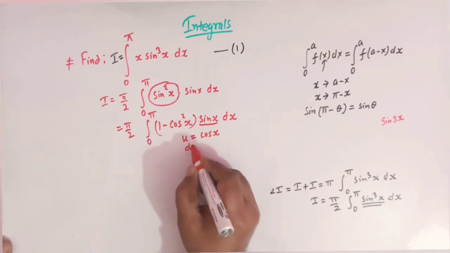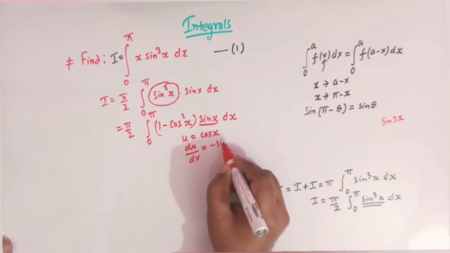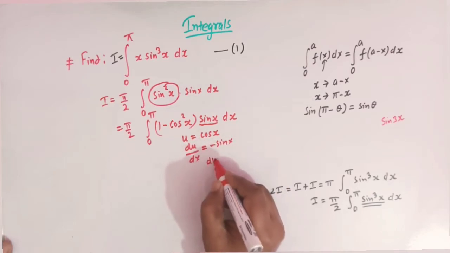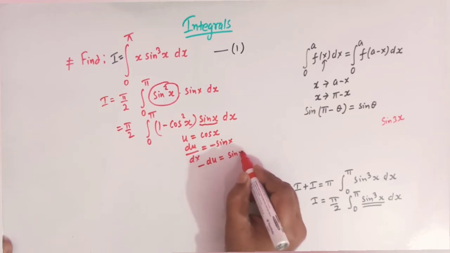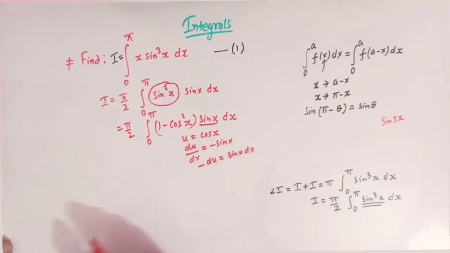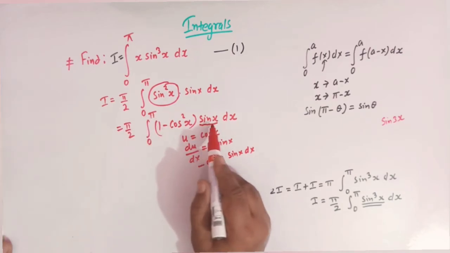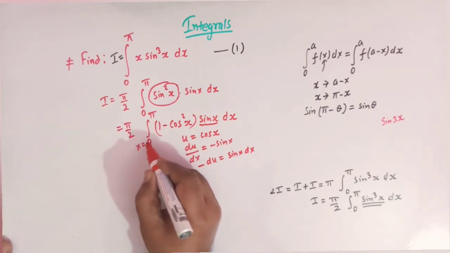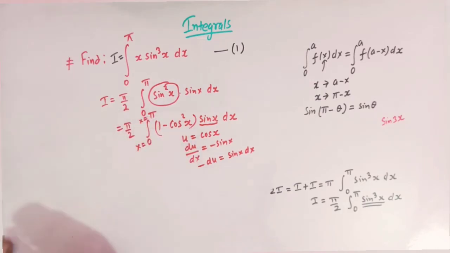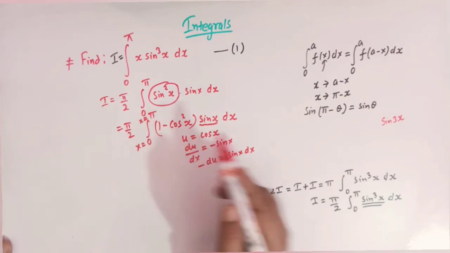So now we have du over dx is equal to minus sine x, and du is equal to, or minus du is equal to sine x dx, right? Okay, now see, we are here changing the variable from x to u, and x varies from 0 to pi, right? So let us first change the limits, right?